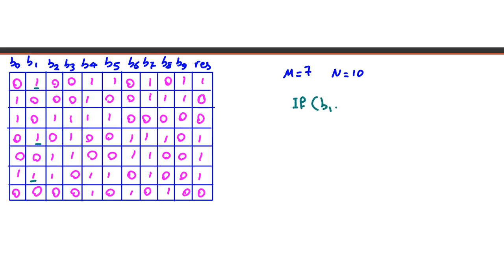If B1 is 1, return 1. Okay, and because of this, we can erase this row, this row. Let me check with you. This one.